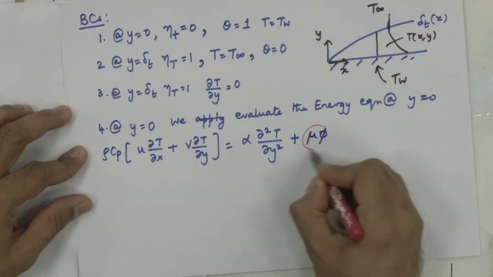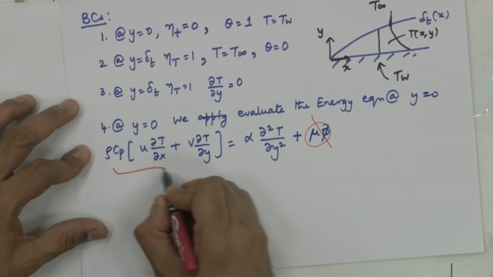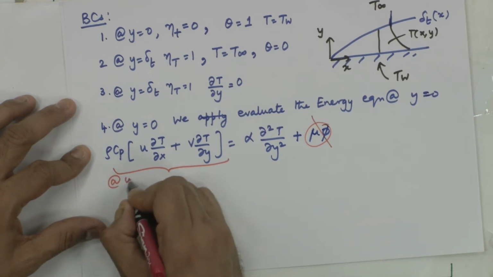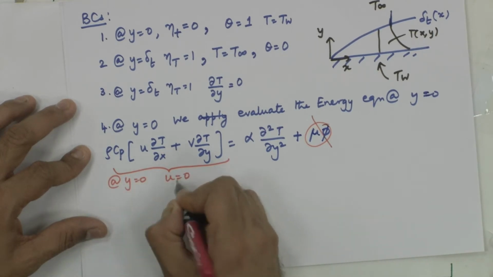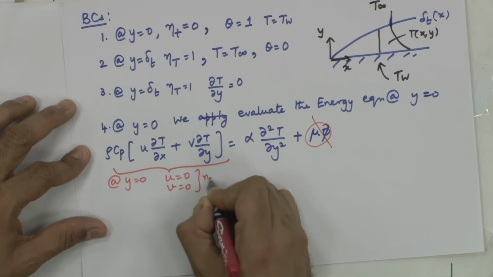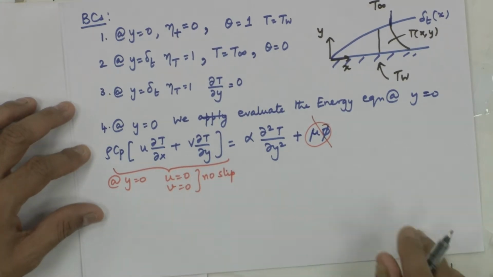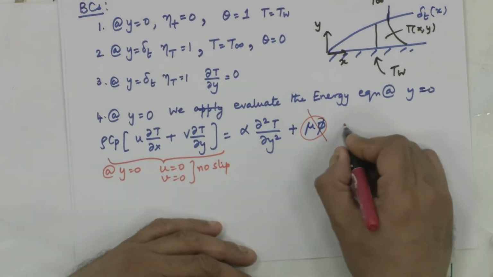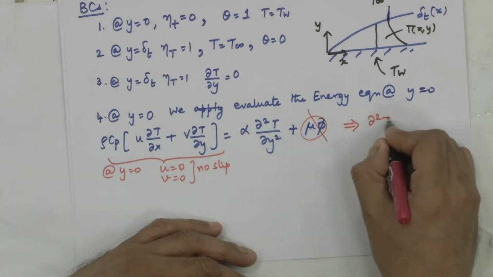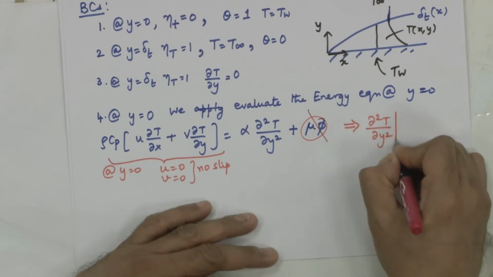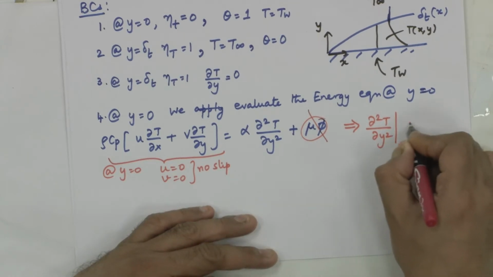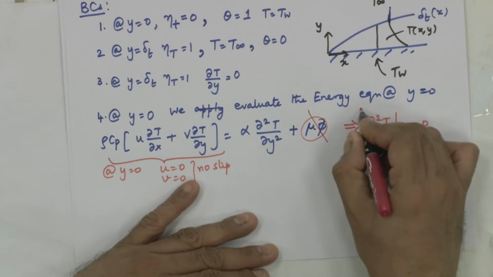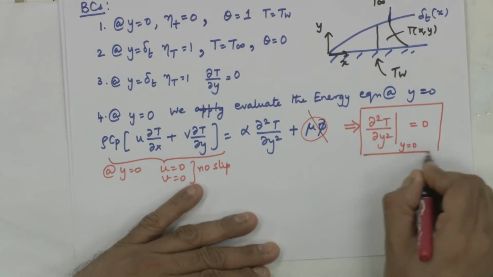At y equal to 0, u is equal to 0 and v equal to 0 because of no slip, correct. So, the left hand side of the energy equation is 0. This implies d squared T by dy squared at y equal to 0 is 0. This is my fourth boundary condition.